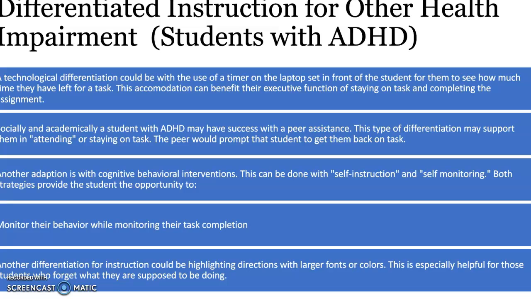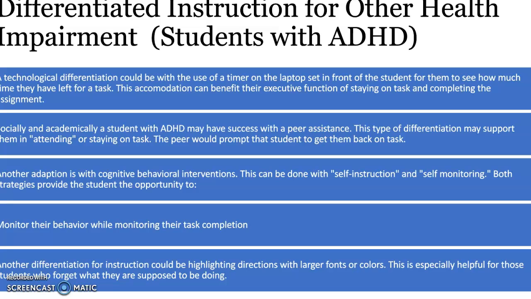So another differentiation is something related to cognitive behavioral interventions. Now, this can be done with self-instruction and self-monitoring. Both provide the student the opportunity to monitor their behavior while monitoring their task completion. So a cognitive behavioral intervention could look like a behavior plan.